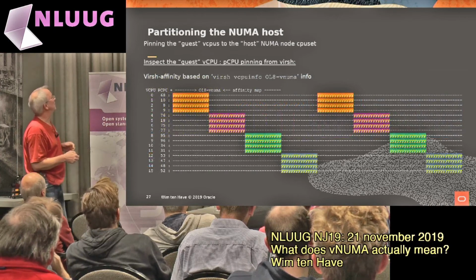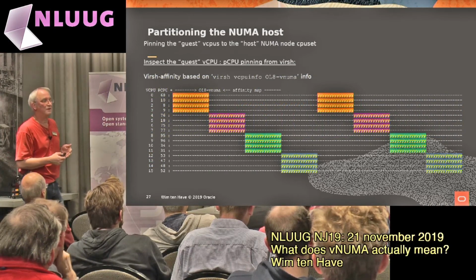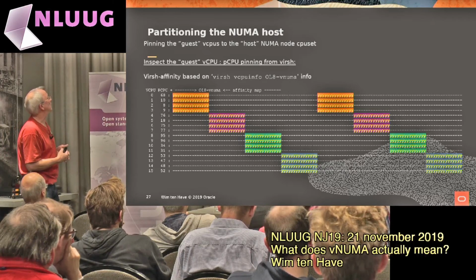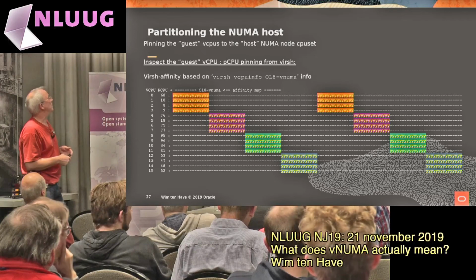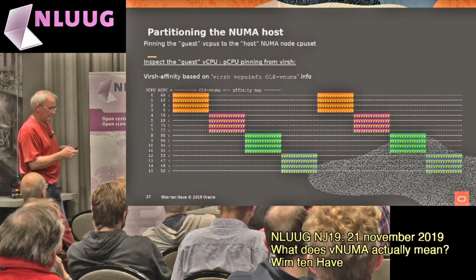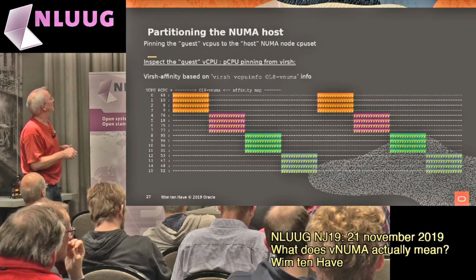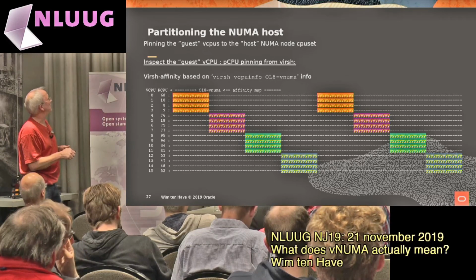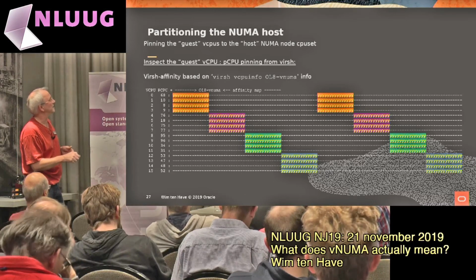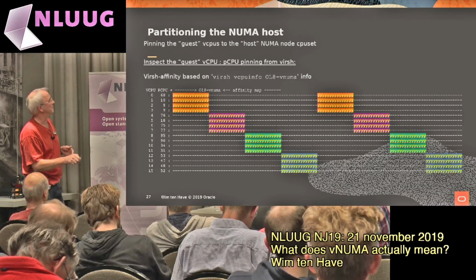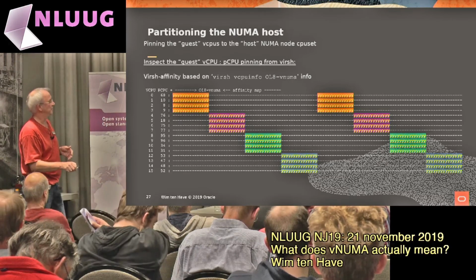And if you then inspect the guest, there's a utility under virsh called vcpuinfo, then you will see what vCPU is assigned to a pCPU out of a pool, and that is the range. These are the ranges for P0 or socket 0 or NUMA node 0. These for 1, 2, and 3.